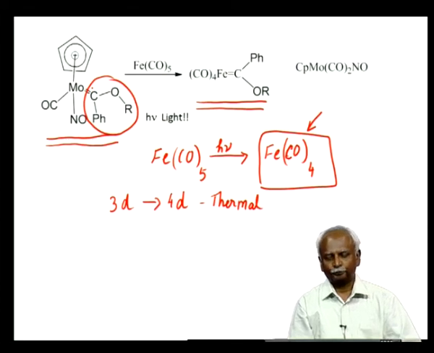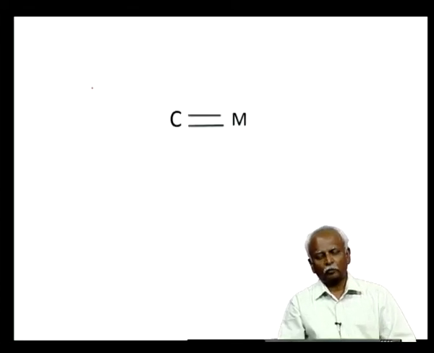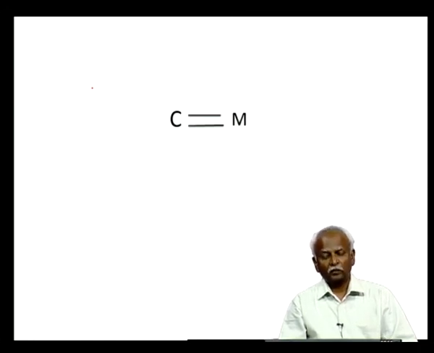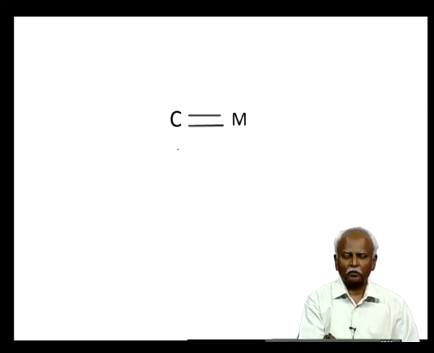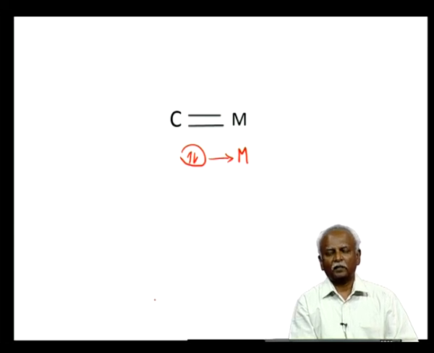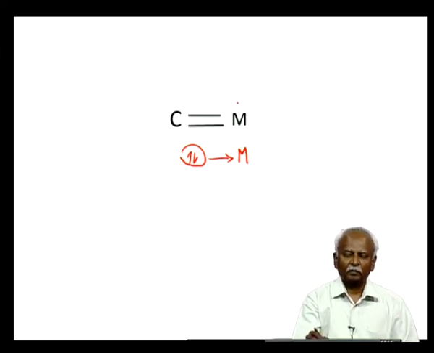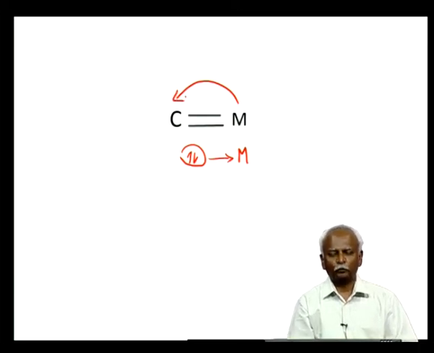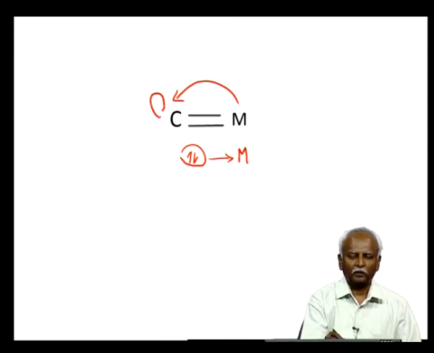So, we have been talking about carbene complexes where you have a system with a carbon which has got a pair of electrons, and that carbon donates this pair of electrons to the metal, and the metal has an empty orbital into which it accepts that pair of electrons, and the metal donates a pair of electrons from its filled manifold into an empty p orbital on the carbene.